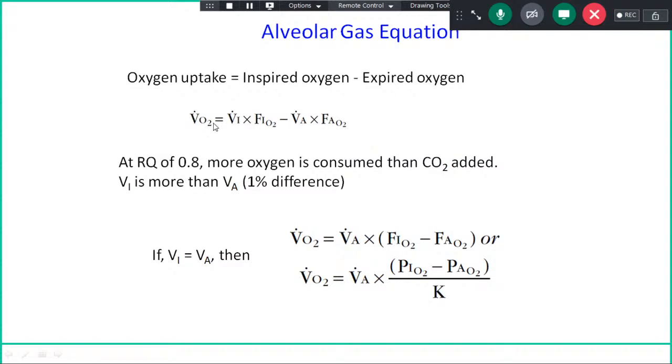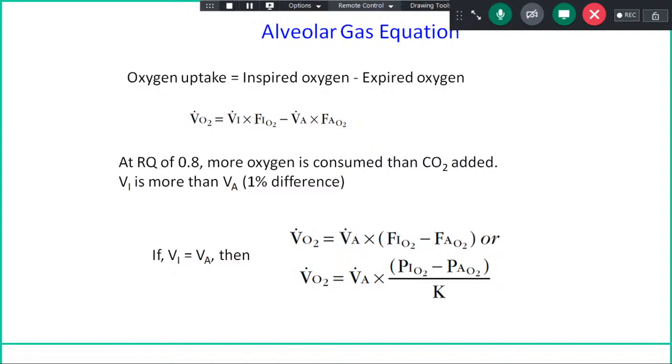So the total amount of oxygen which is taken in is the inspired oxygen which you were inspiring, minus what you were expiring from the alveoli, that is the oxygen which is coming out from the alveoli.